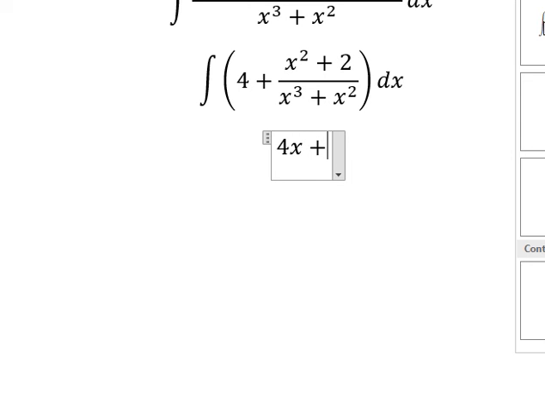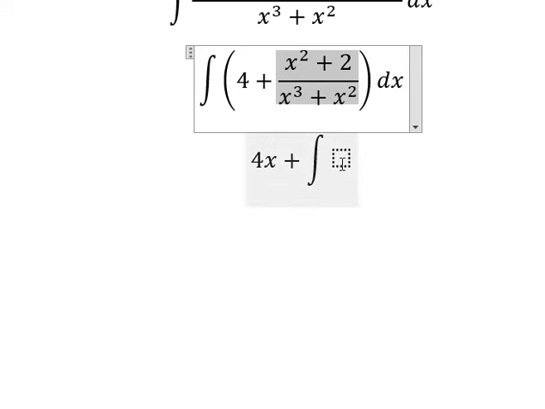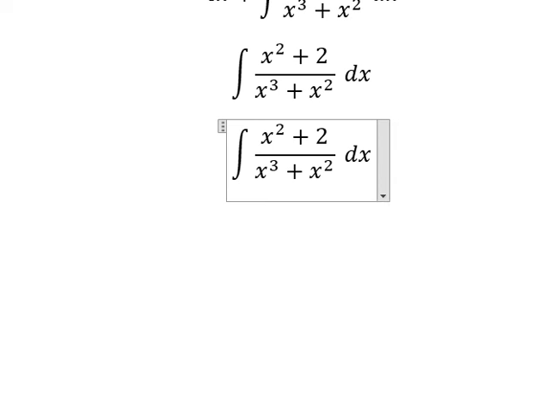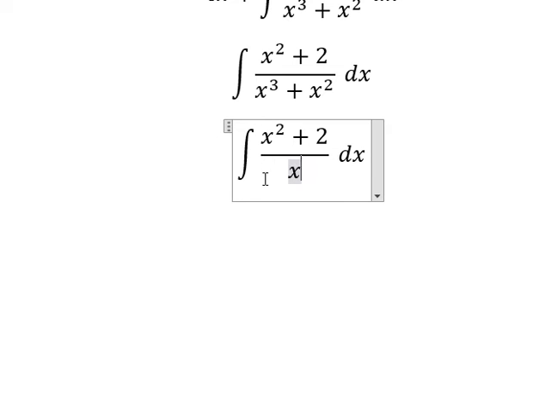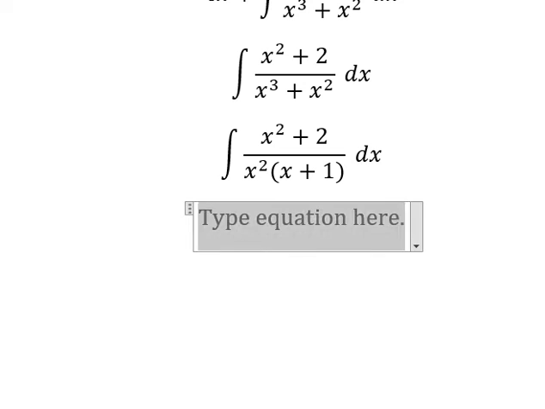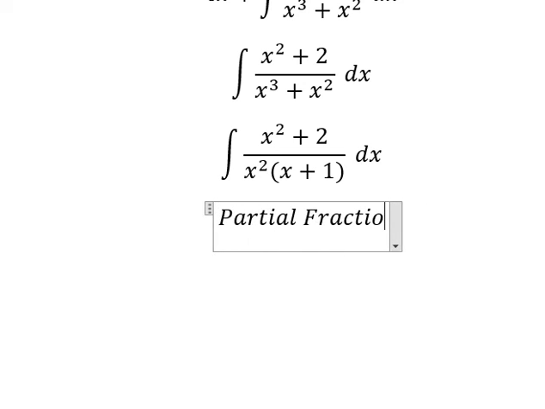Now I will concentrate on this one only. So we can do factorization by x squared. Now we can do partial fractions.